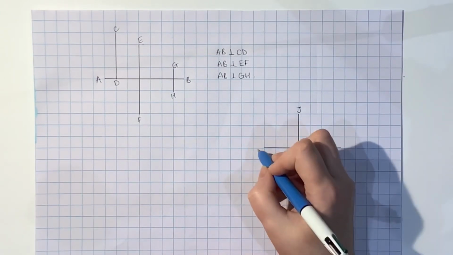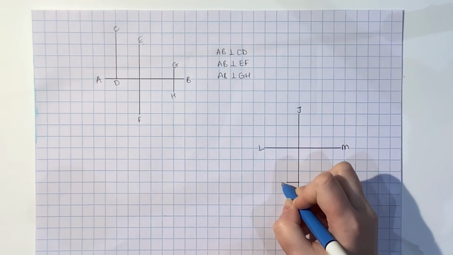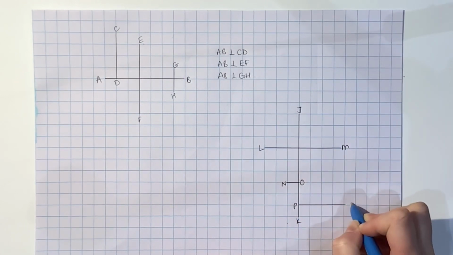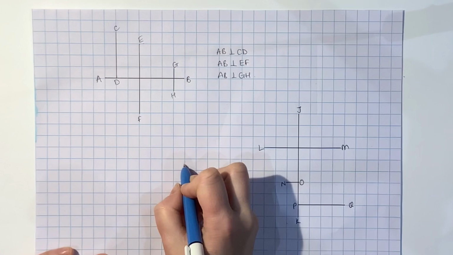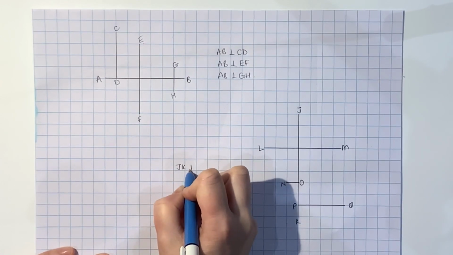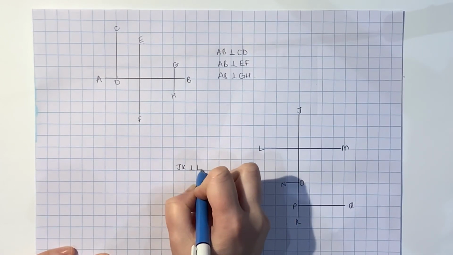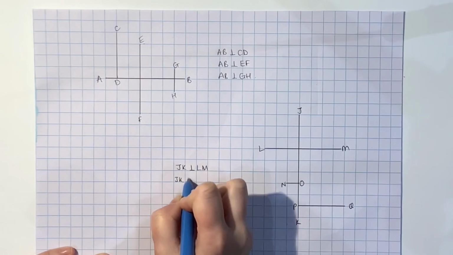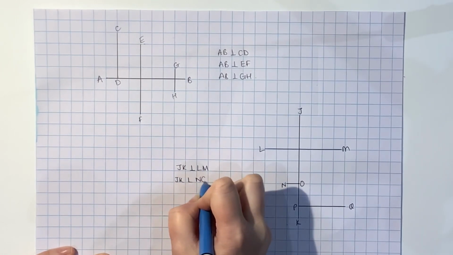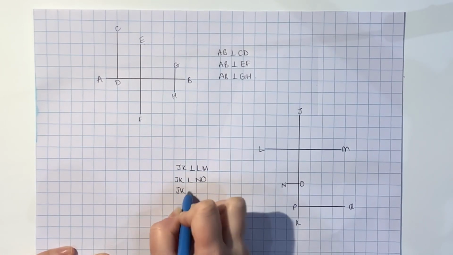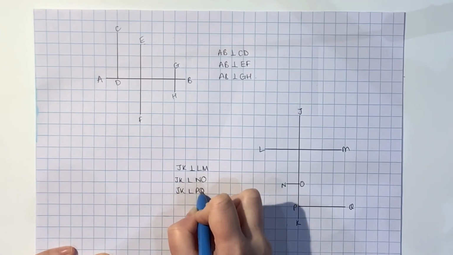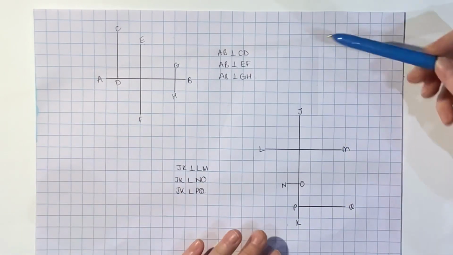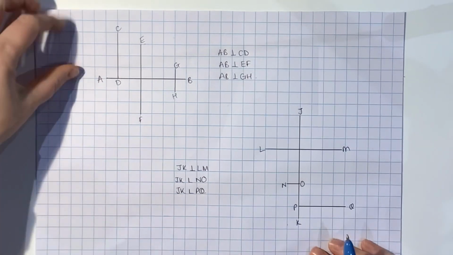Those lines are all perpendicular to the line we started with. Okay, so we could say that the line JK is perpendicular to LM. It is also perpendicular to NO, and it is also perpendicular to PQ. Nice and easy when the lines are already following the lines on the squared paper.